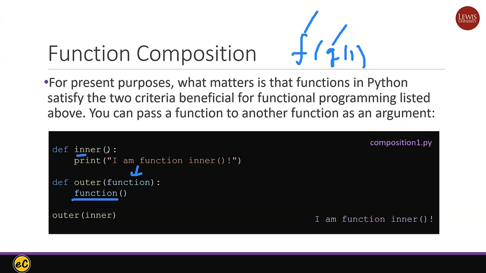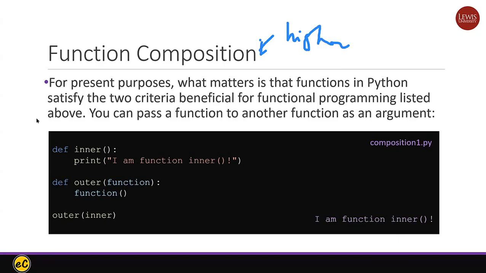You pass the inner function as a parameter to the outer, and the outer will run the inner function. So this is function composition. And because of function composition, you create higher order functions as well.